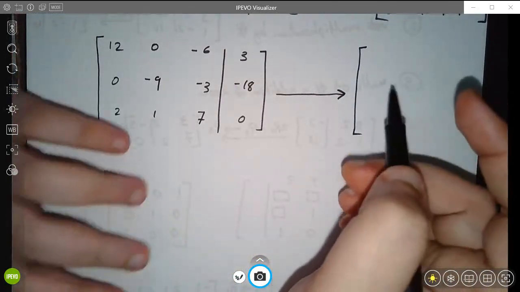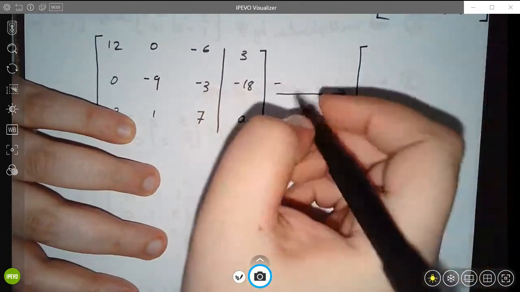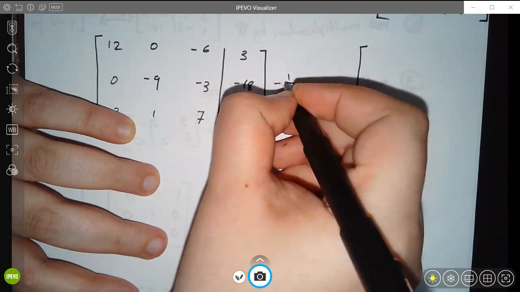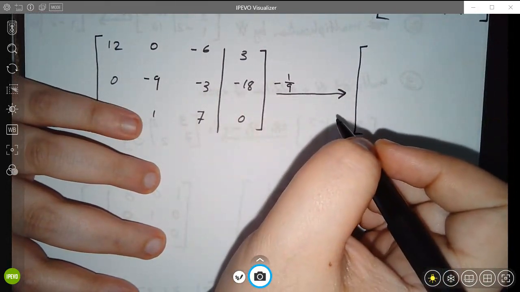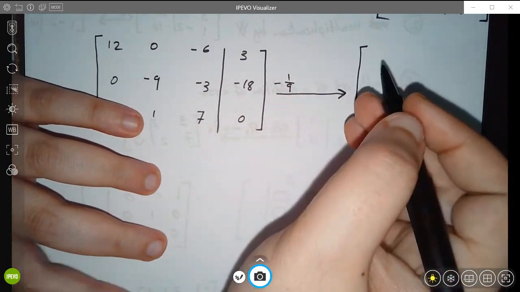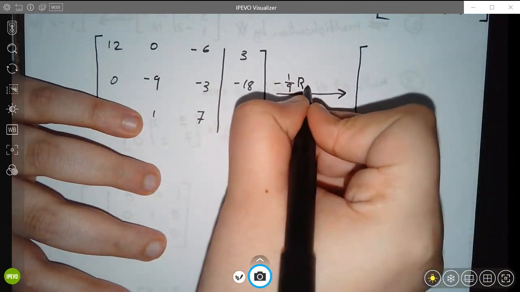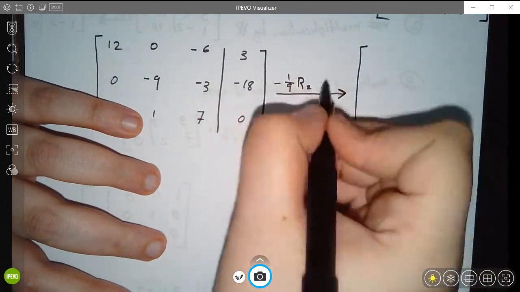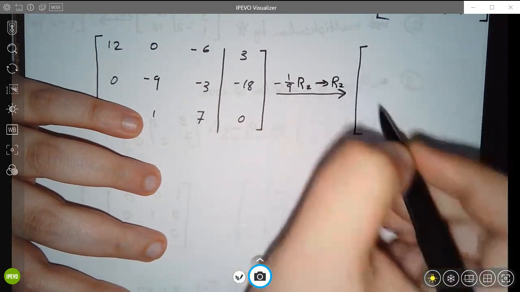Now the new operation I want you guys to do is negative 1 over 9. So I'm multiplying it by negative 9th, or, if you will, dividing by negative 9. Same thing. Okay? So I'm dividing by negative 9. And I'm doing this to R2. And this will give me my new R2.